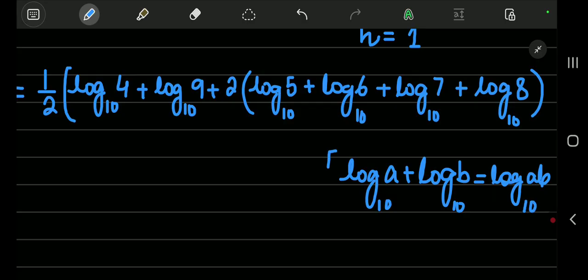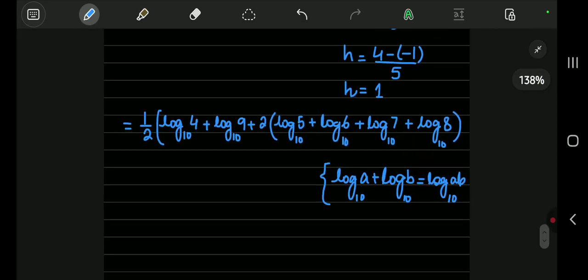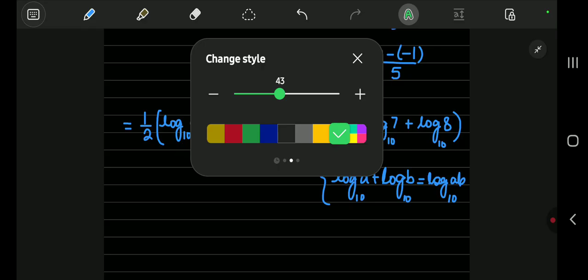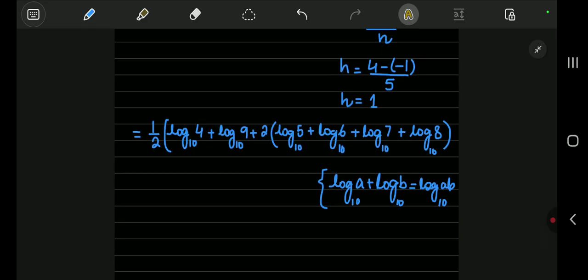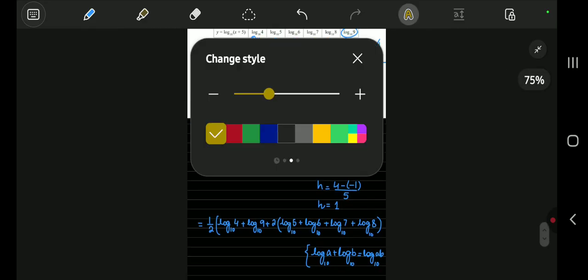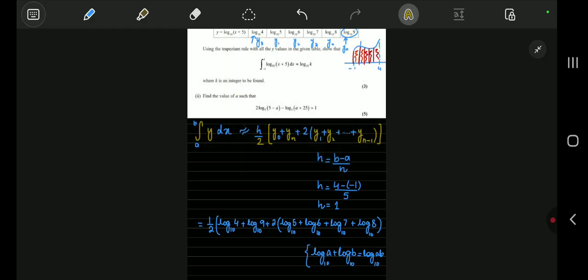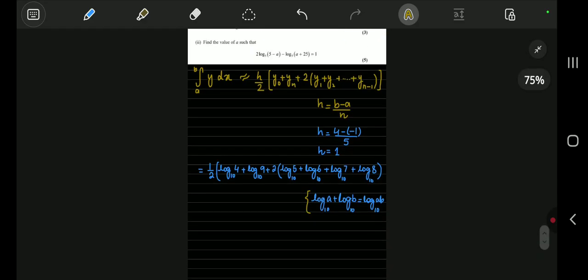Okay, this is the formula that we know about, so we are going to use this.